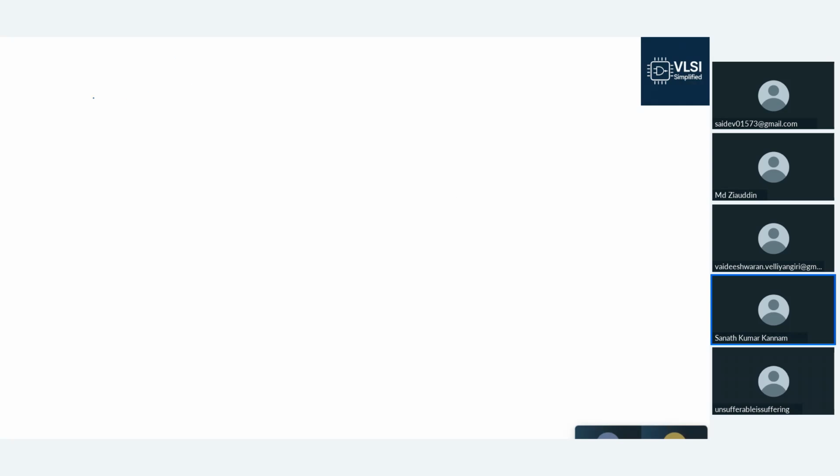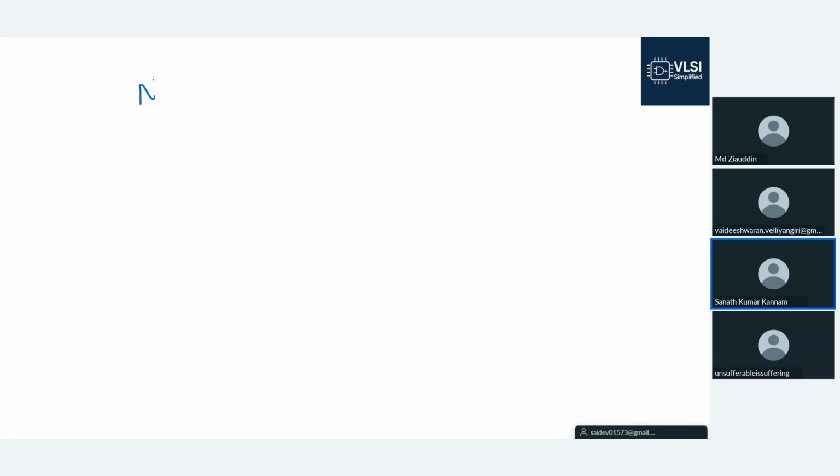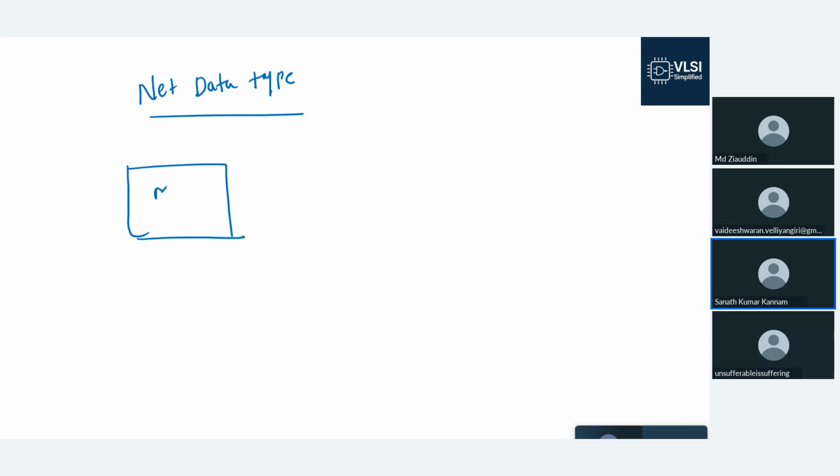Suppose how it will be connected with a net data type. Let us take you have module A and one more module B. Here it is connected like this.